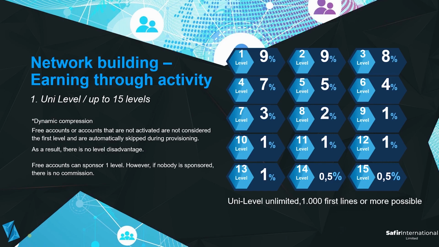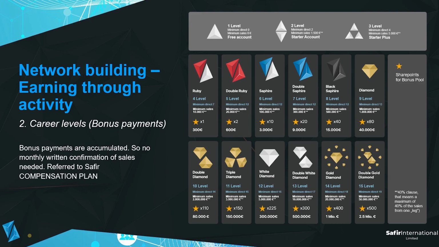To achieve these levels, to achieve these percentages, you have to achieve career levels. So for example, if you're talking about Ruby, you have 4 levels achieved when you get to Ruby. To achieve Ruby, you need minimum directs of 7 people and a minimum sales of 10,000.